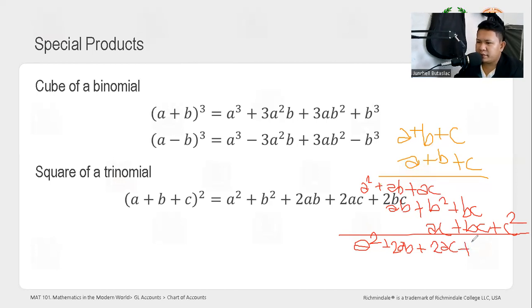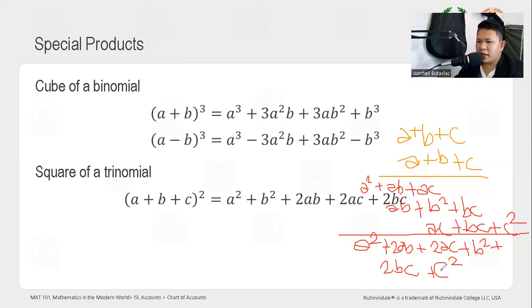Then bc plus bc, that is 2bc. Then copy the c squared. So we have here a squared plus 2ab plus 2ac plus b squared plus 2bc plus c squared.